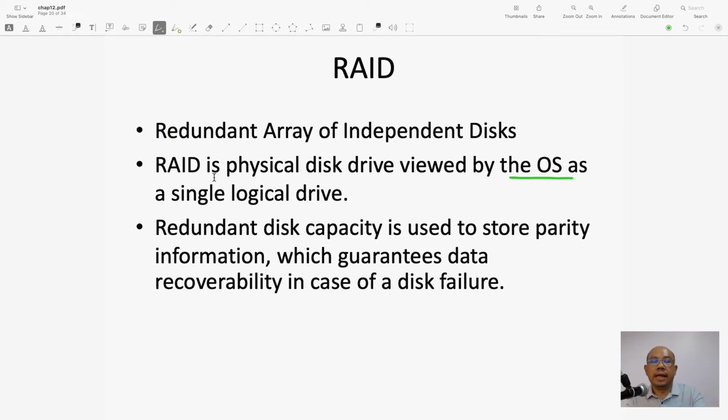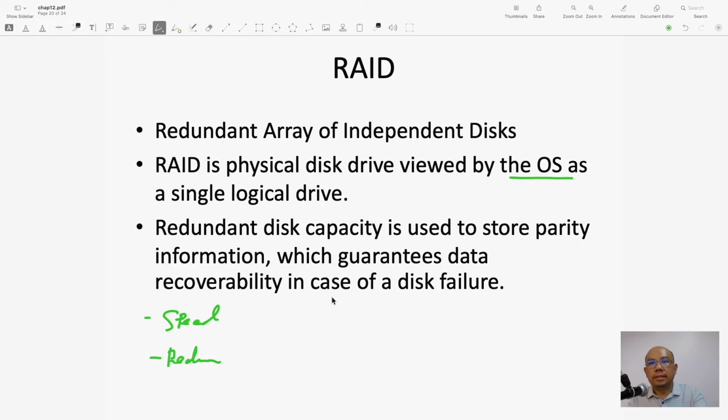You build a RAID system. A RAID system is used in servers and also high performance computers. The main function of RAID is speed, and the second is redundant or durable storage.